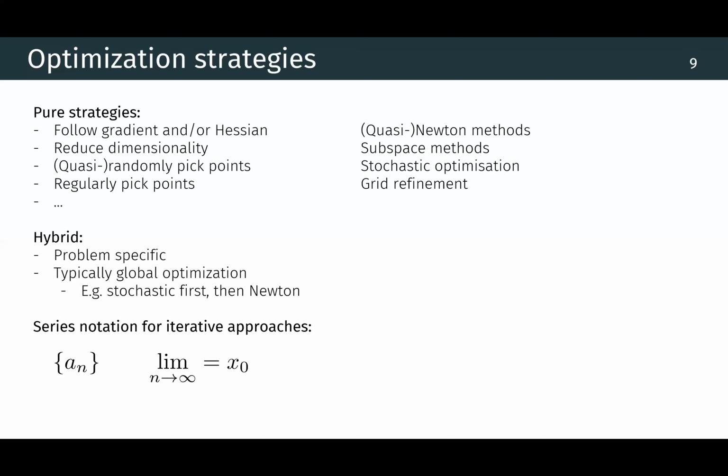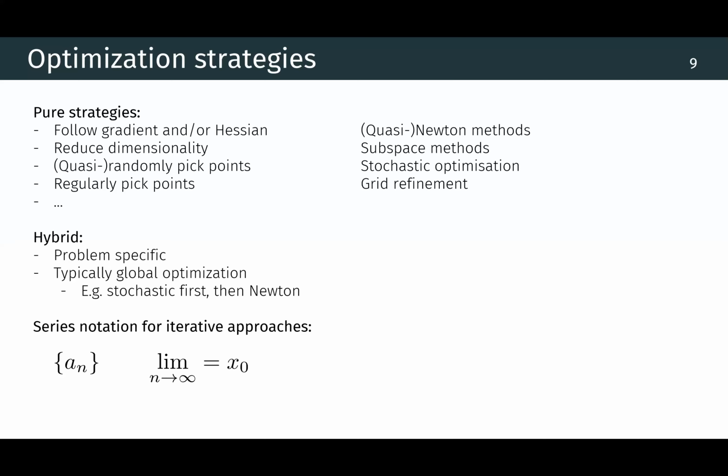For example, you might know genetic algorithms. I will briefly touch on that. The idea in those cases is you do a few random points, and then for each of those points, you follow the gradient or the Hessian downhill. So in practice, and very commonly, you use hybrid approaches where the first step is a more global search, and then you have typically a Newton or quasi-Newton method that does the rest.